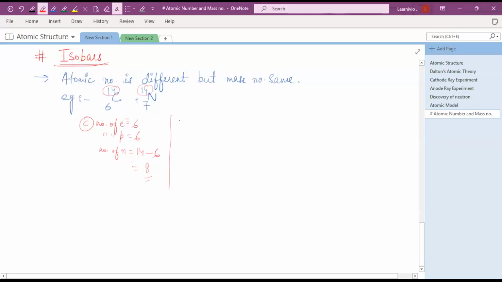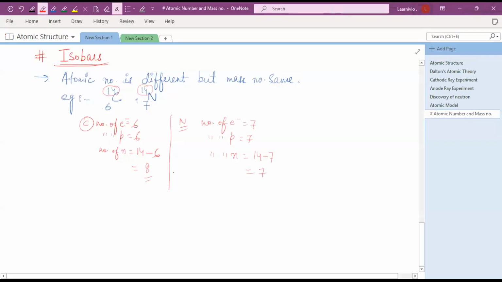And in the case of nitrogen, the number of electrons is 7, the number of protons is again 7, but the number of neutrons is 14 minus 7, which means 7.